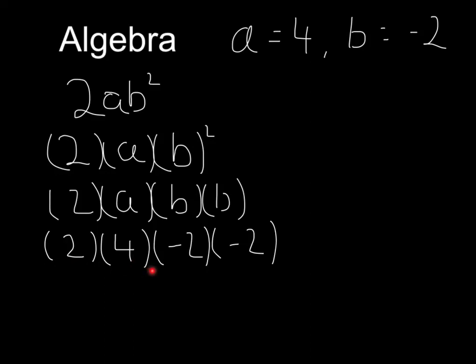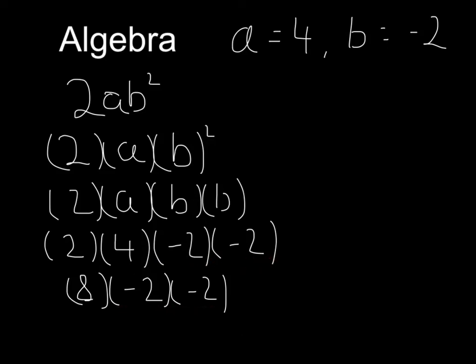So just take the first two together. 2 by 4 is 8. And I won't do anything with the others, so it's just minus 2 by minus 2. Okay, so all I did there was I multiplied 2 by 4 and put it down here. And it was already going to be multiplied by minus 2 by minus 2, so they just came down here.